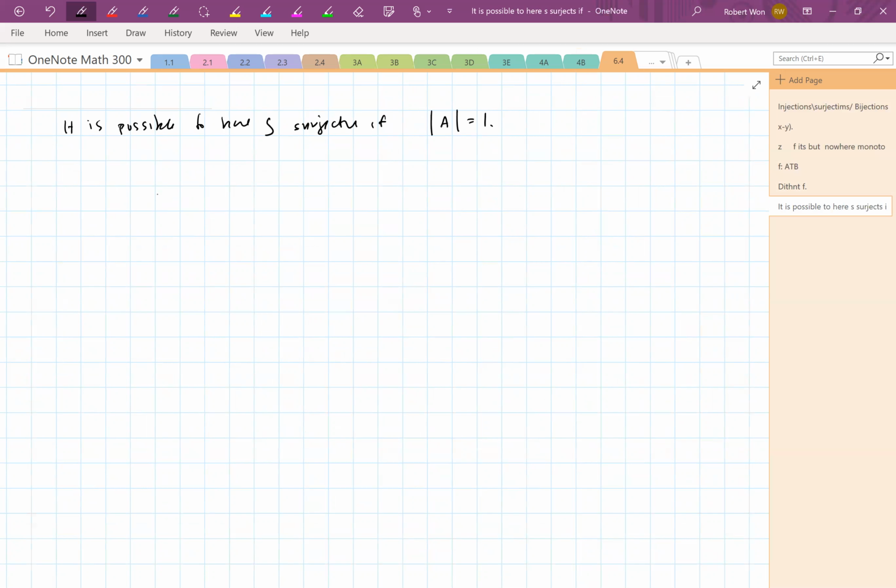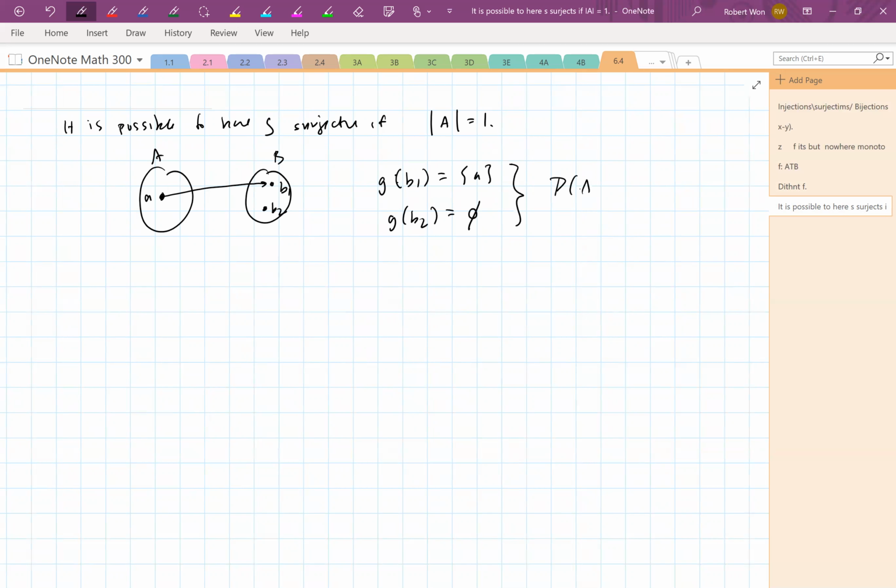So what's my example? Just take a single element in A and map it over to B1, and then just leave B2 alone. Then G sends B1 to the set containing A, and it sends B2 to the empty set. And this is the entire power set of A.